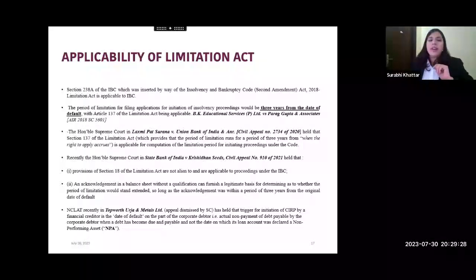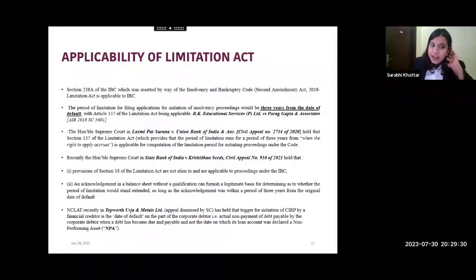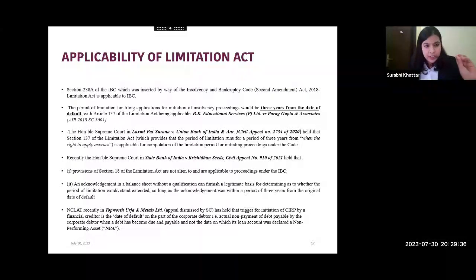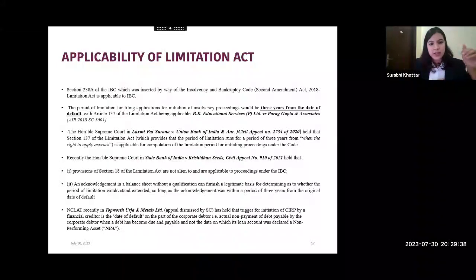Another point to be noted here is that the Supreme Court has clarified in Lakshmipat Surana, and thereafter NCLAT in Topworth, that the period of limitation for Section 7, this period of 3 years, is to be calculated from the date of default, and it is not to be calculated from the date when the account was declared as NPA, which means non-performing asset.